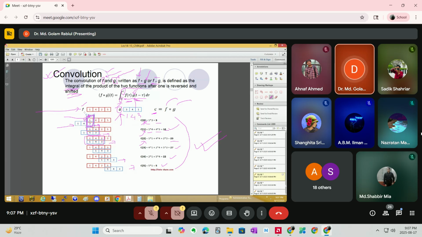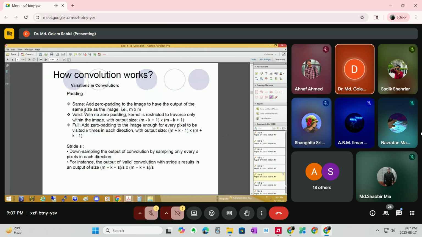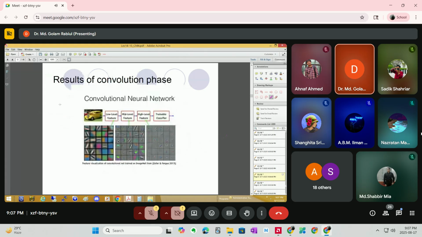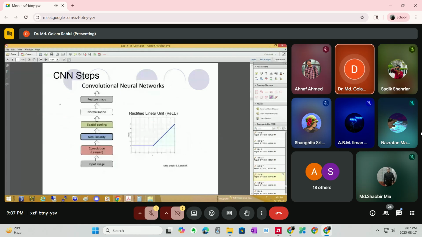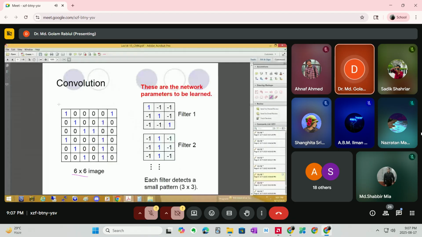Now, if we think about the two-dimensional case, the input will be two-dimensional. This is f, f is two-dimensional, and the filter g is also two-dimensional. Here is also the same thing: there is a dot product and we also have to shift.